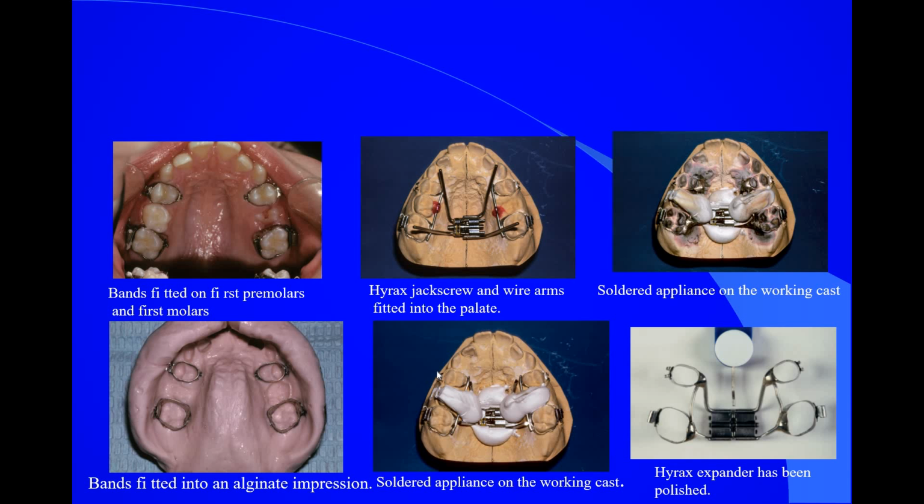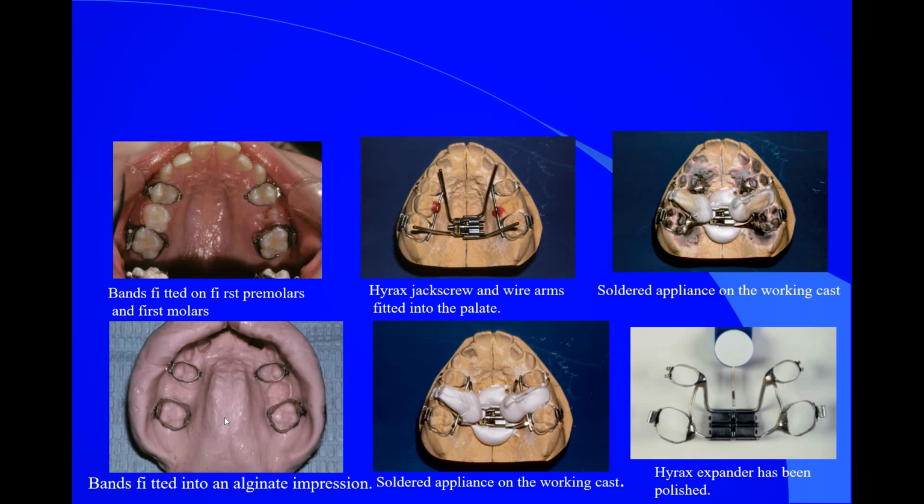These are the stages of preparing a Hyrax expander or RPE expander. As you see, firstly we fit the bands on first molars and first premolars.